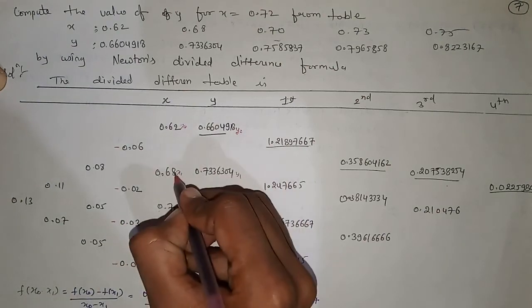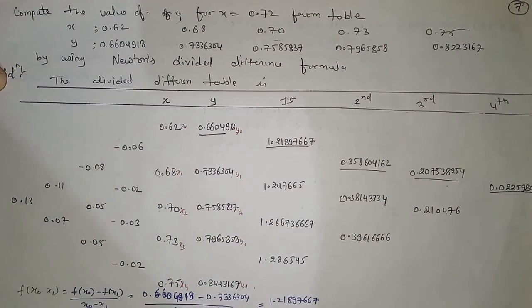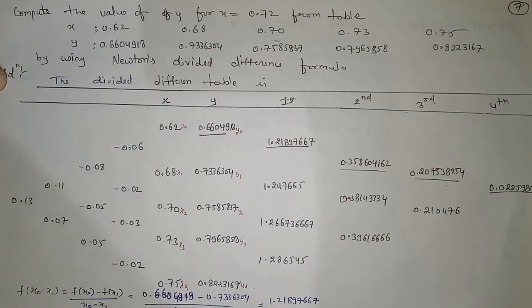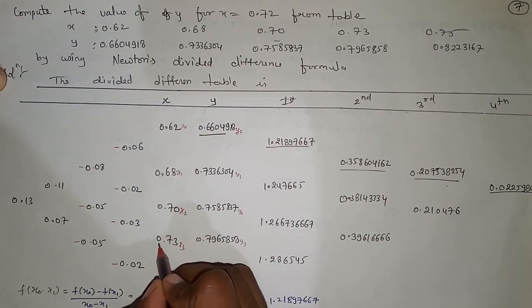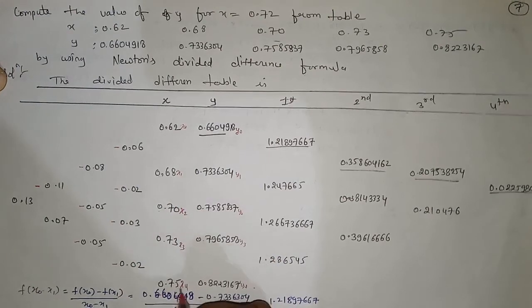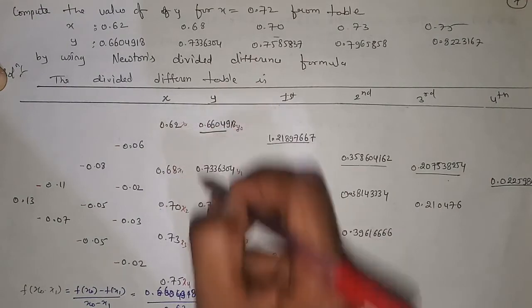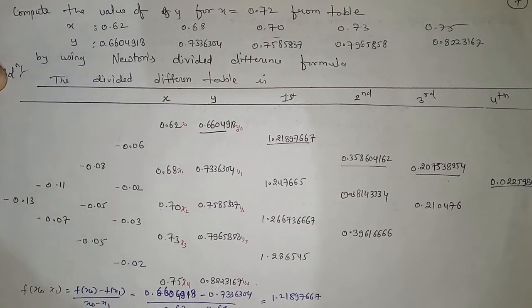Then we leave one term: 0.62 minus 0.70 is minus 0.08, 0.68 minus 0.73 is minus 0.05, 0.70 minus 0.75 is minus 0.05. Next we leave two terms: 0.62 minus 0.73 is minus 0.11, 0.68 minus 0.75 is minus 0.07. Now last, 0.62 minus 0.75 is minus 0.13.